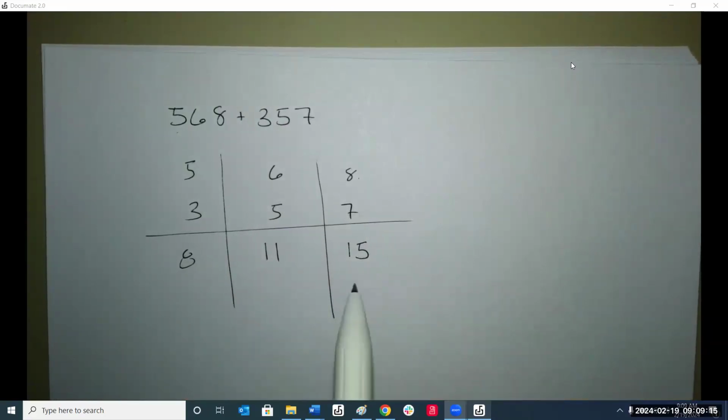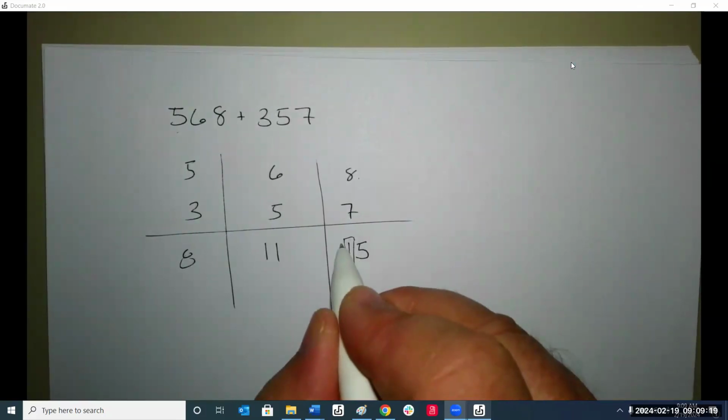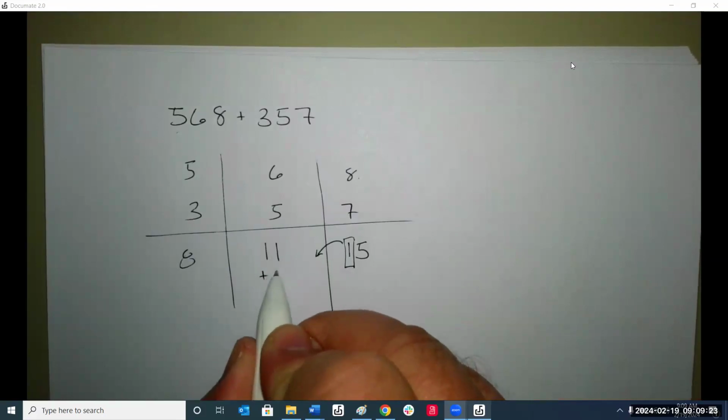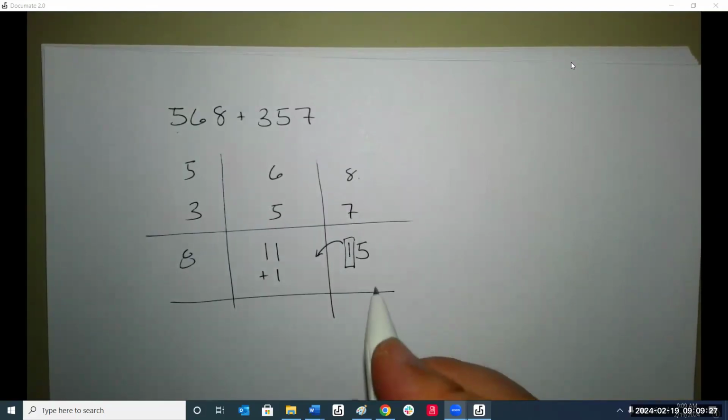But you can only have one number in each box. So this one comes over here. So we just have a 5 there now.